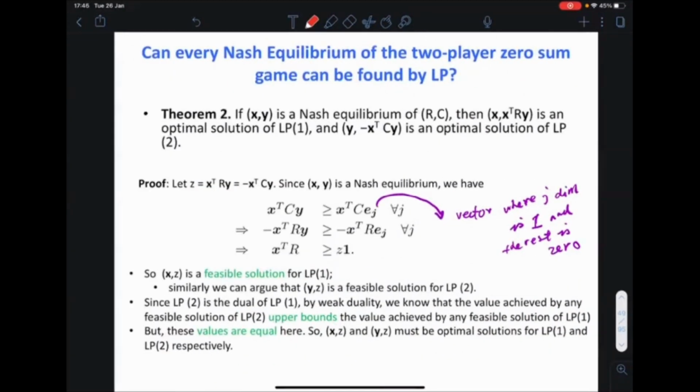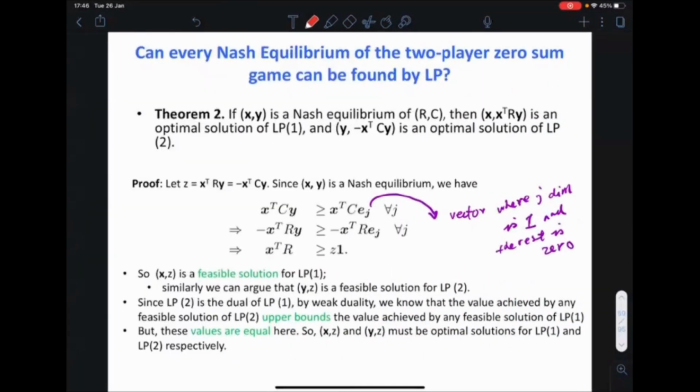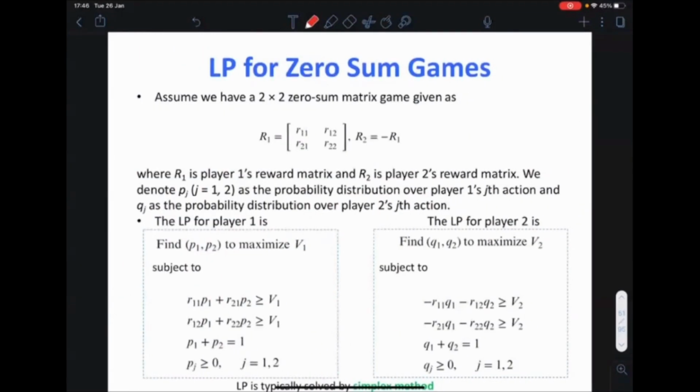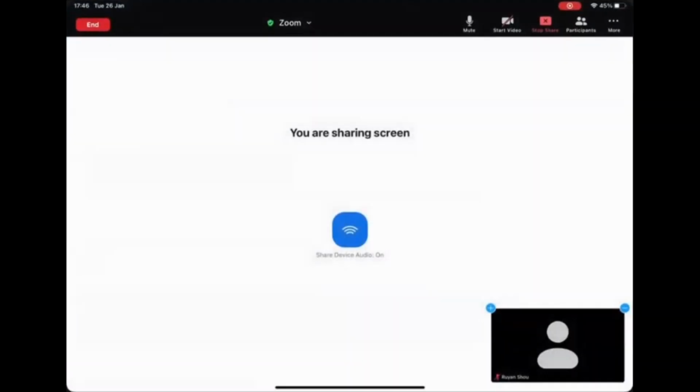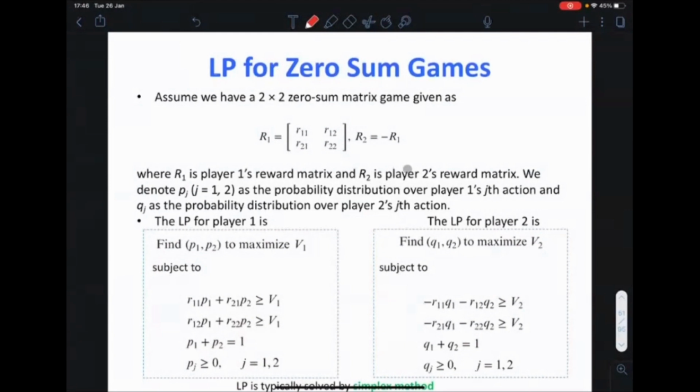Look at it from one perspective: if it's a min-max solution, then it's a Nash equilibrium. If it's a Nash equilibrium, then it gives you a min-max solution. So you can have a look at that. Just see if there are any questions.